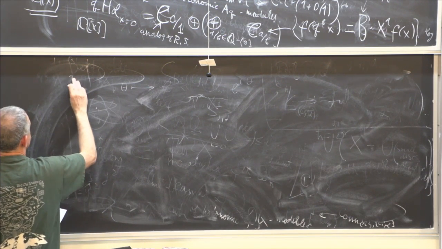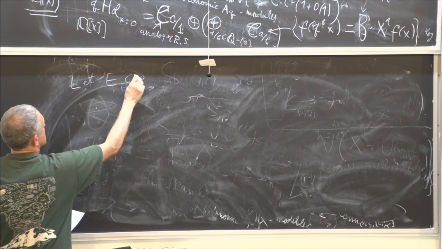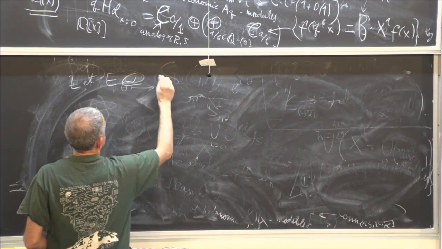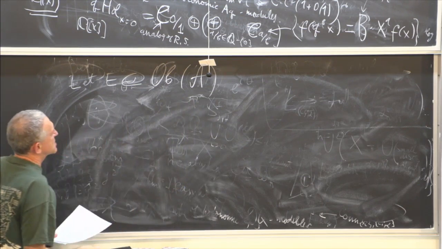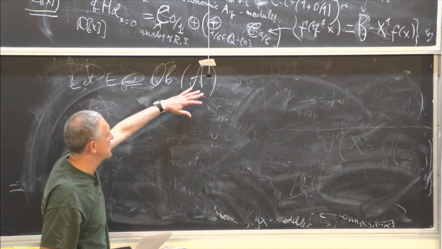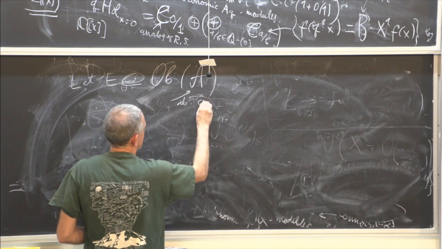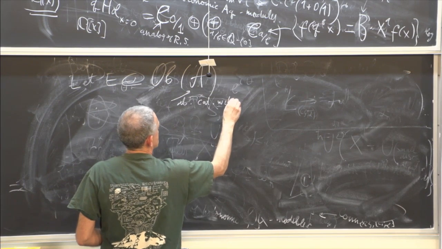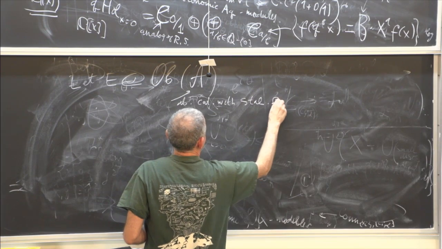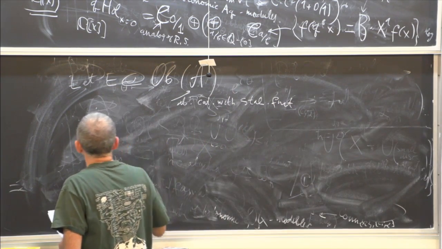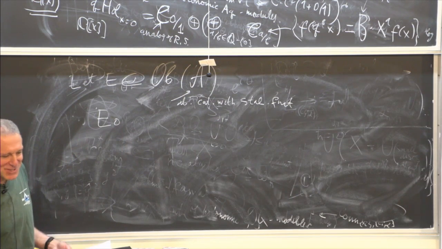So suppose that we have an object, and let's first consider an abelian category with a Bridgeland stability function. So it's a definition of an anti-Harder-Narasimhan filtration.